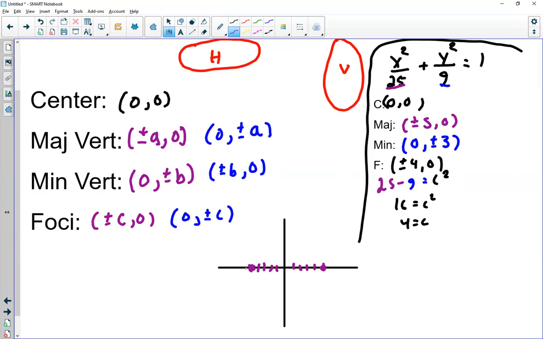When you graph it, it's kind of like a double check because it makes sense the X should be wider. My minors, what I do in blue, it'll be up 3 and down 3. 1, 2, 3. 1, 2, 3. And my foci, again, it doesn't really affect your graph, but we would still graph it anyway. It's 4, 0. It should always be on the same line as the longest line.